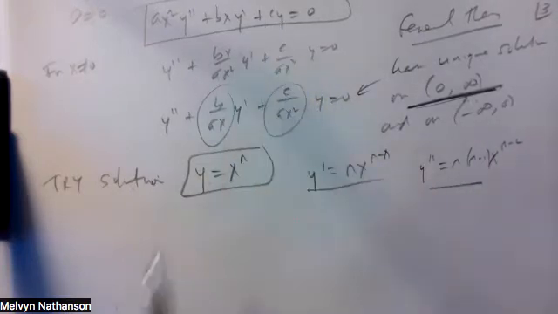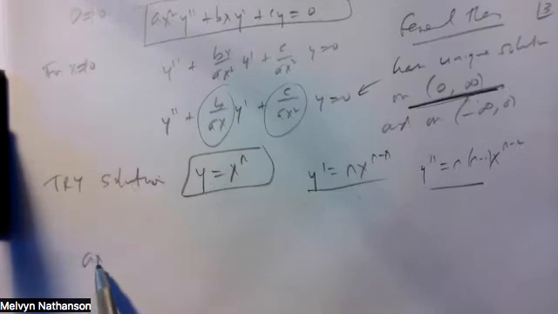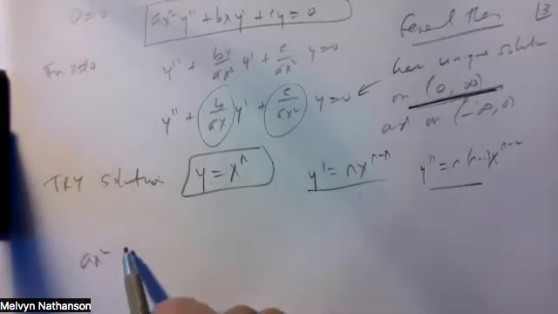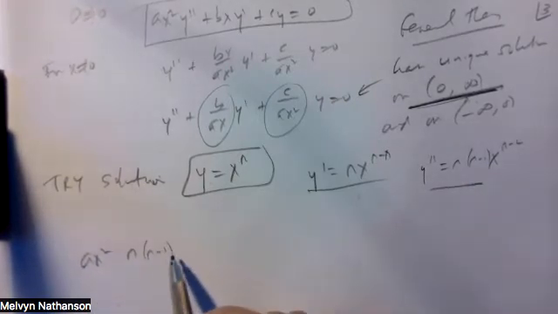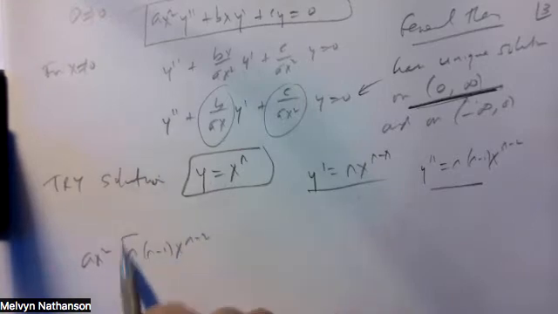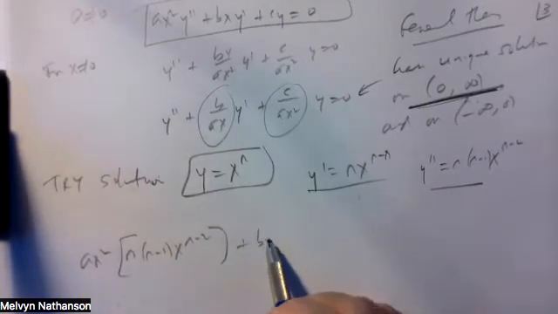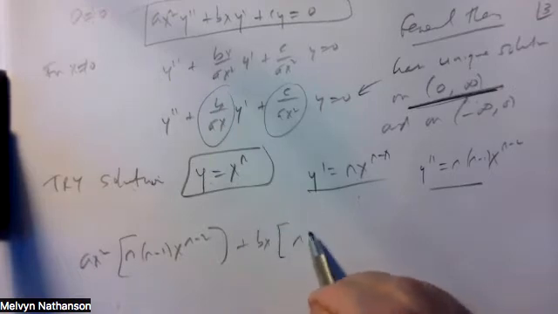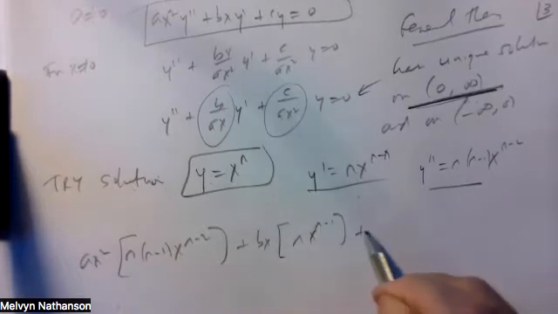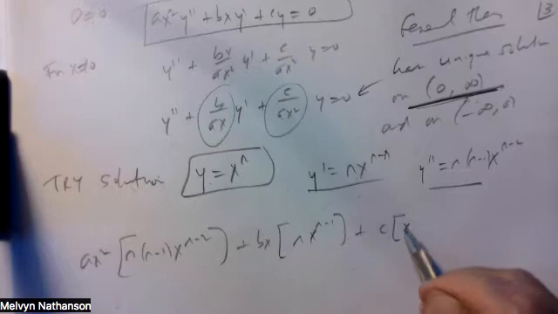So let's plug this into the equation. We get a x squared y double prime plus b x y prime plus c y.